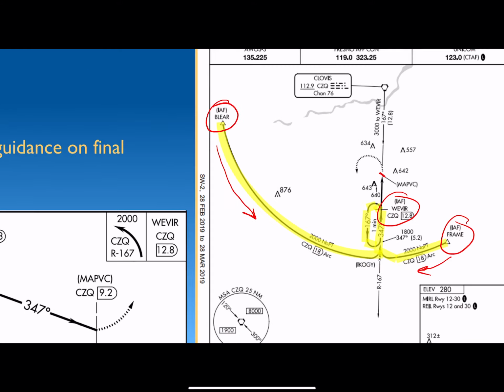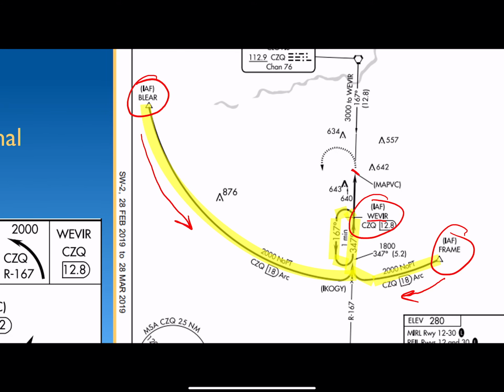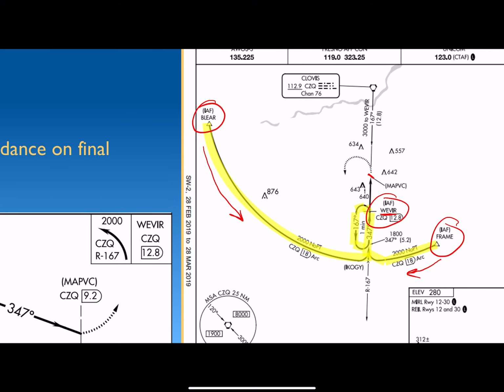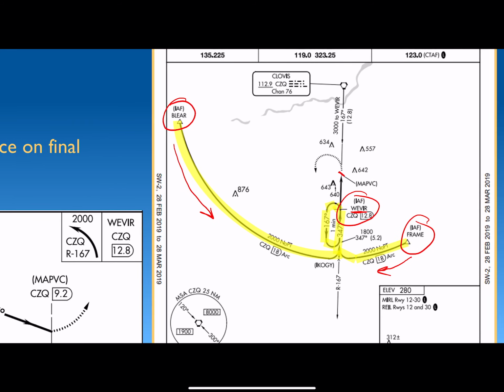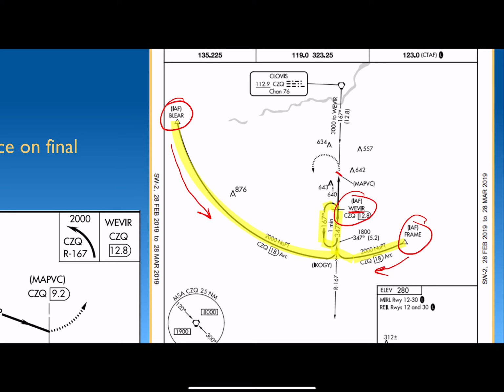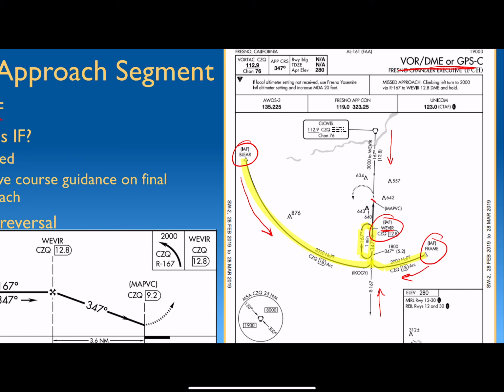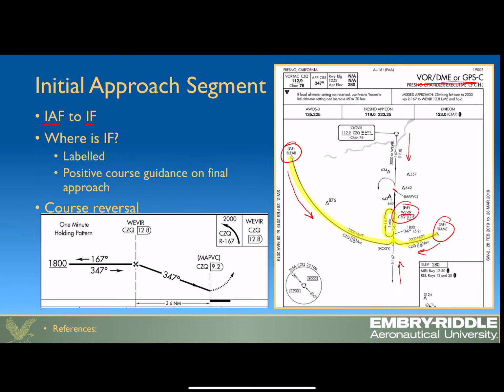The other one is established here at Weaver. The Weaver initial approach fix can be used if you're coming from essentially 2 directions. If you're coming from the north or from the south, you get established directly on that initial approach fix. Or if you're coming from the east or the west, you can use that DME arc.